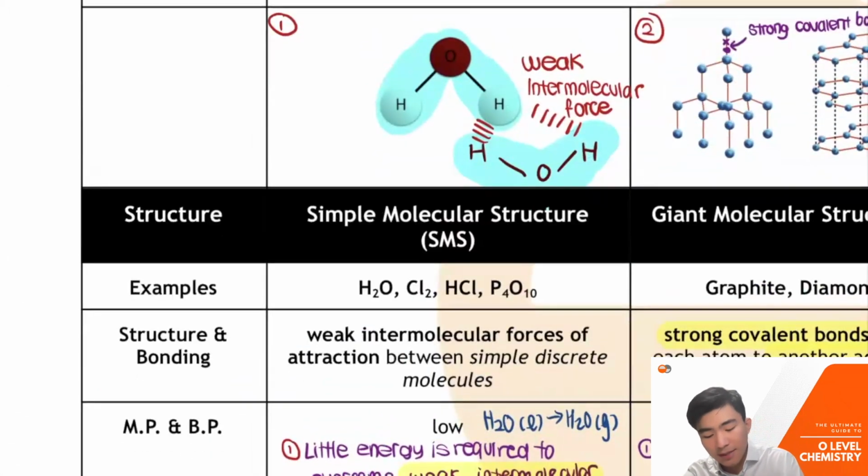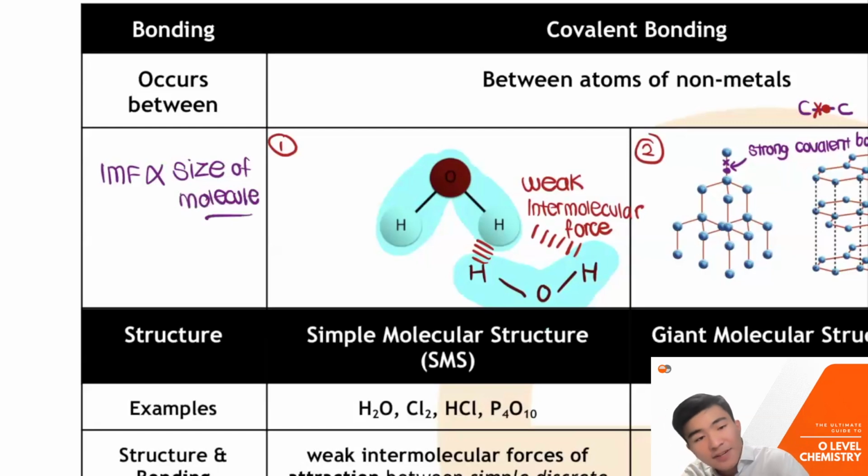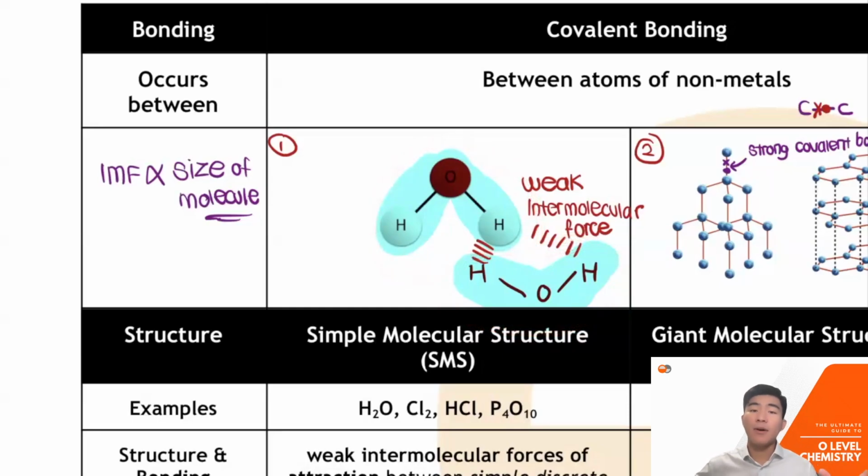Additional info for you. The intermolecular force is proportional to the size of the molecule. That means if it's a bigger molecule, it can exert a larger interaction between the molecules, right? If I am heavier, I can have some form of larger attraction to another heavy molecule.